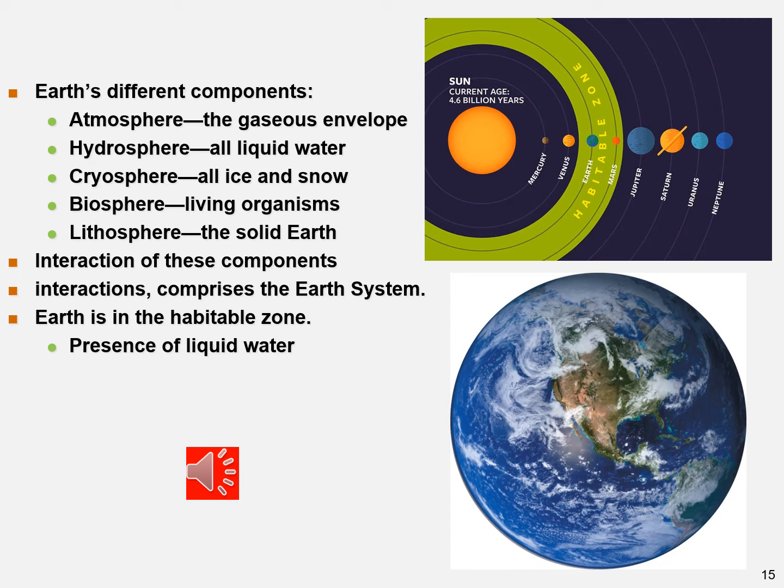Of all the planets in the solar system, only the Earth currently has liquid water, for our planet lies within the habitable zone, the distance from the sun at which temperatures range between the boiling and freezing points of water.